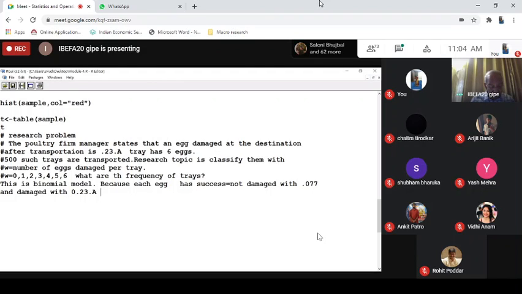And a tray is binomial with n equal to 6.